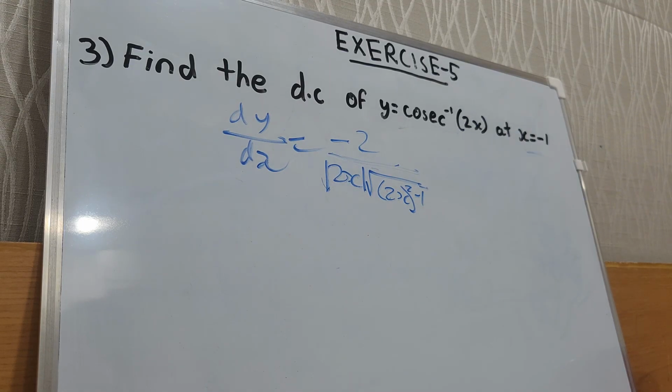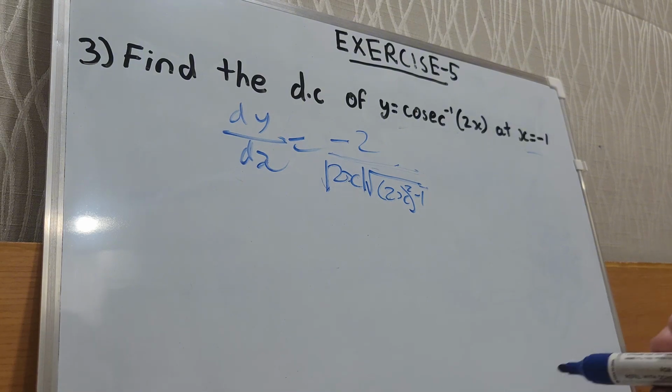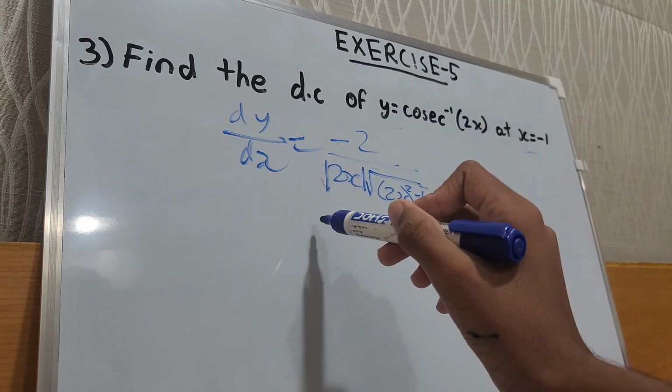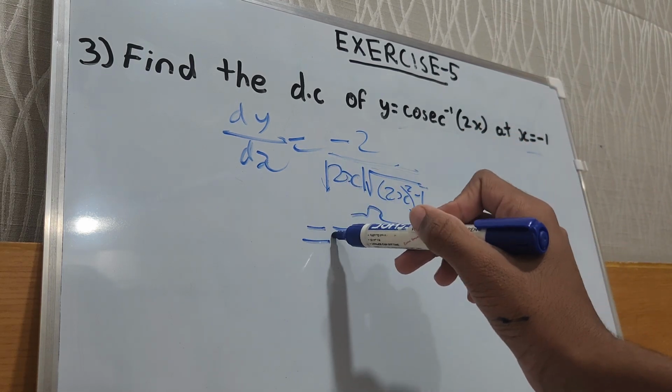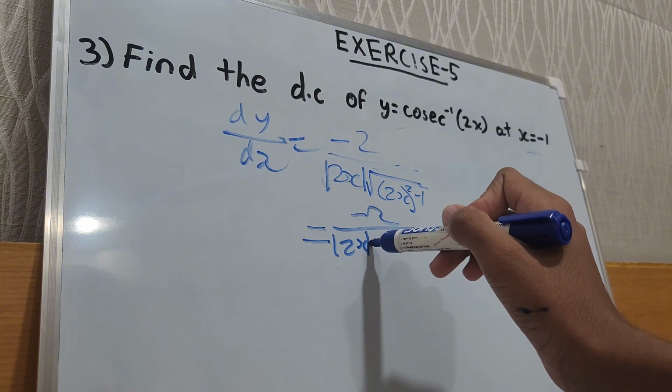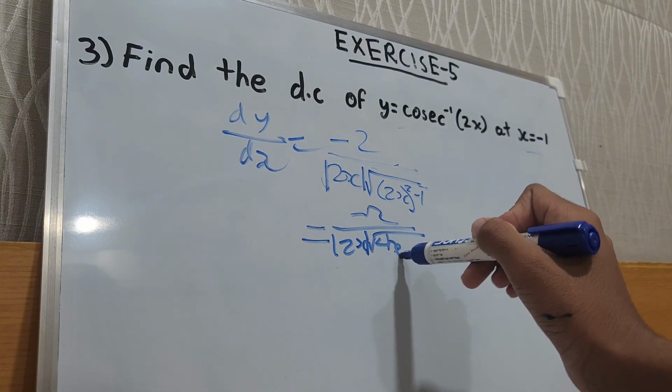Now it's asking for the coefficient, so we don't need to differentiate the inside, I guess. So it is equal to minus 2 by mod 2x into root of 4x squared minus 1.